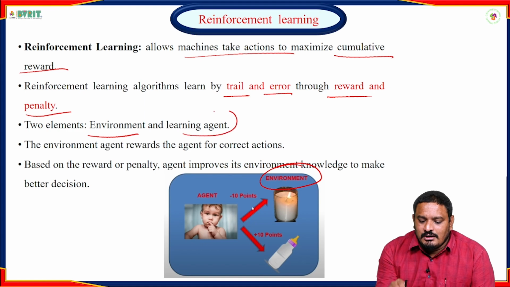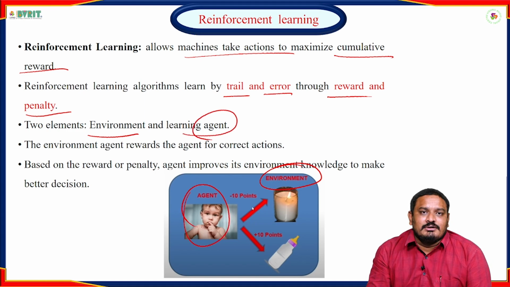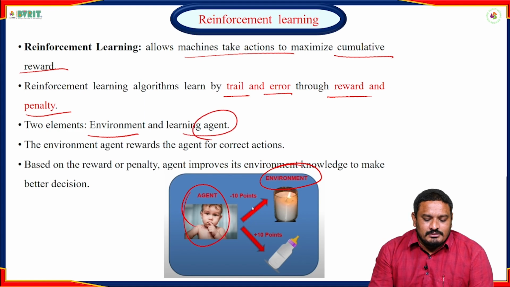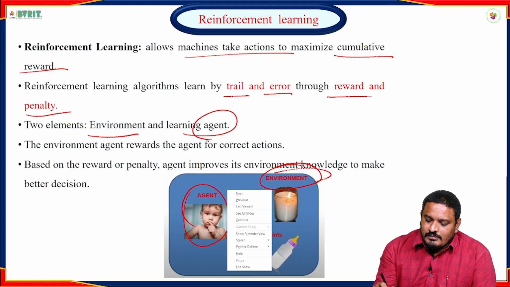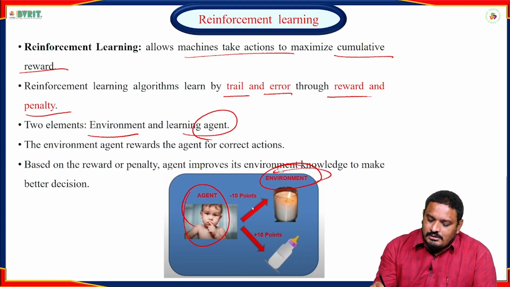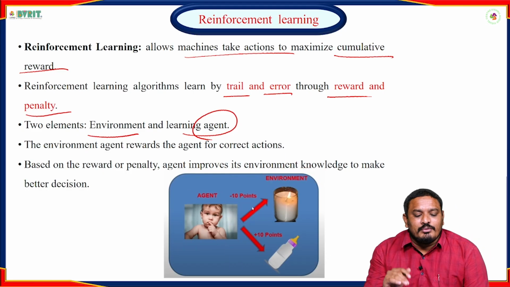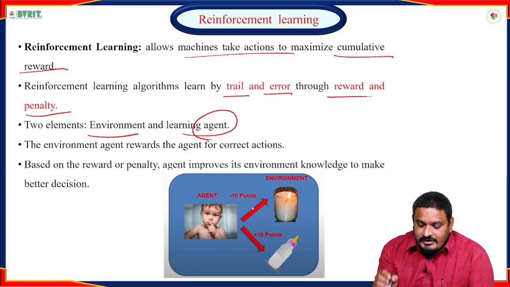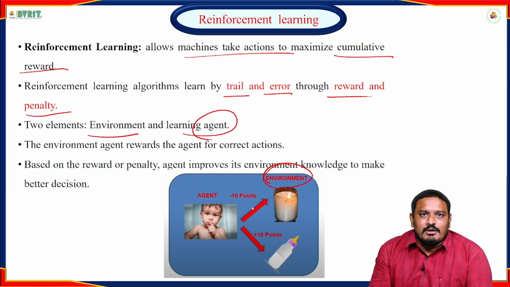Second one is learning agent. In this diagram, what are the two important elements? First one is environment. Second one is agent.